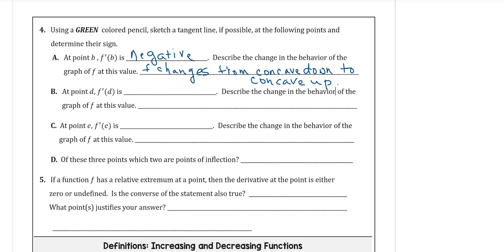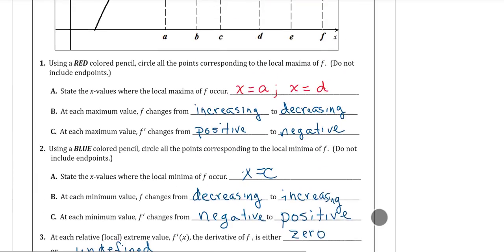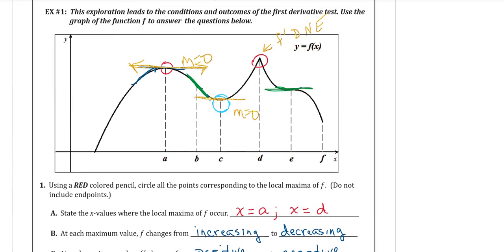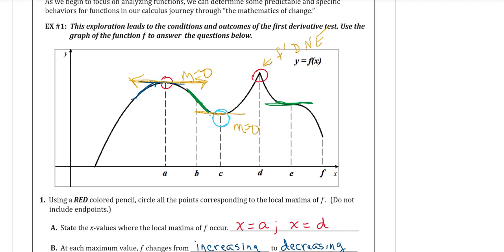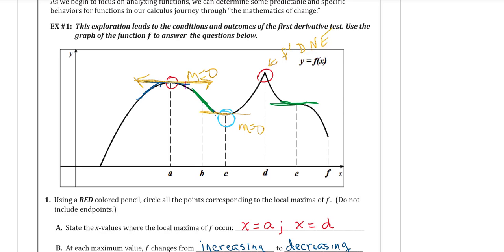Let's look at the graph real quick so we can verify that. What we see happening here is before we get to point B, this curve has a maximum, so it's sloped down. Then right at B, it changes, and now it's starting to be the beginning of the slope up to the minimum here.